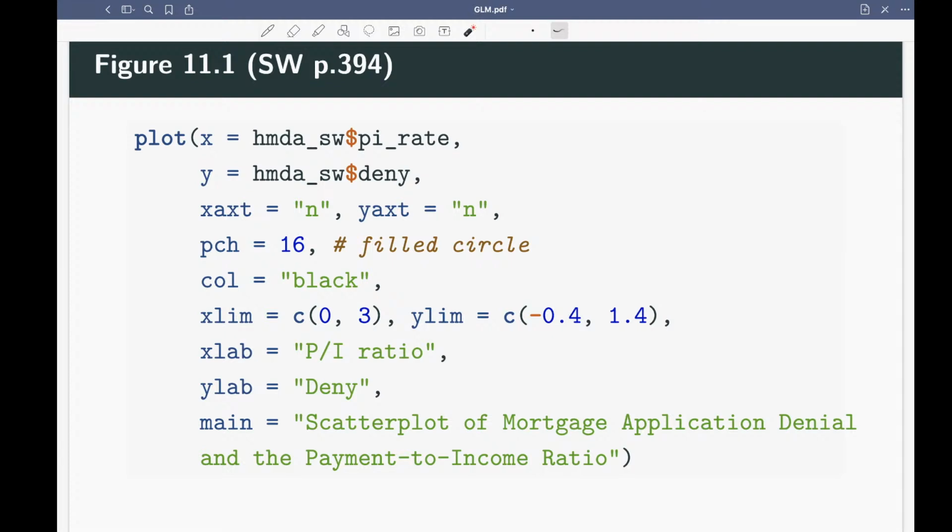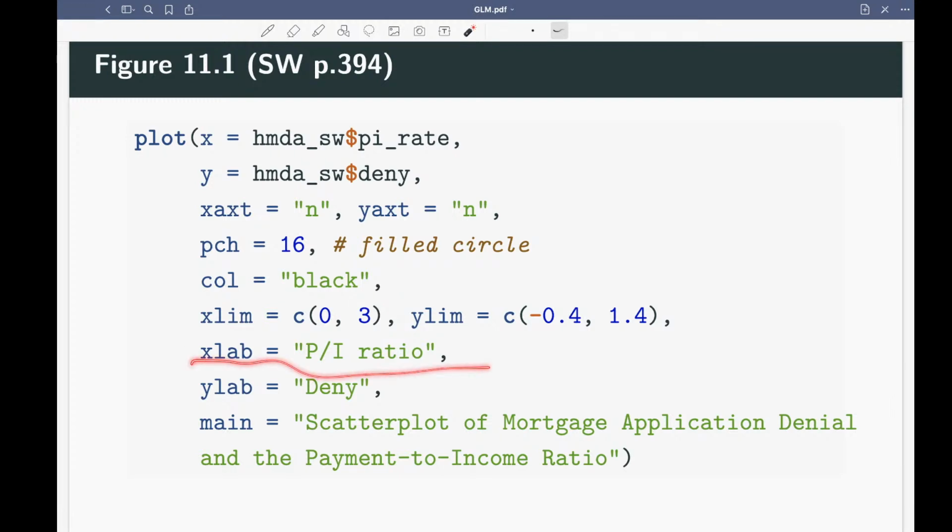So I use only x and y, the one regressor model, to demo the plot. At first I should define that x is pi rate and y is deny. And I don't use x directly because I want to define a specific sequence. And you should choose some settings.